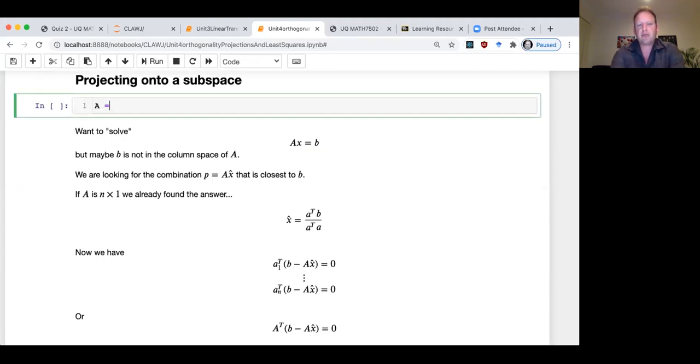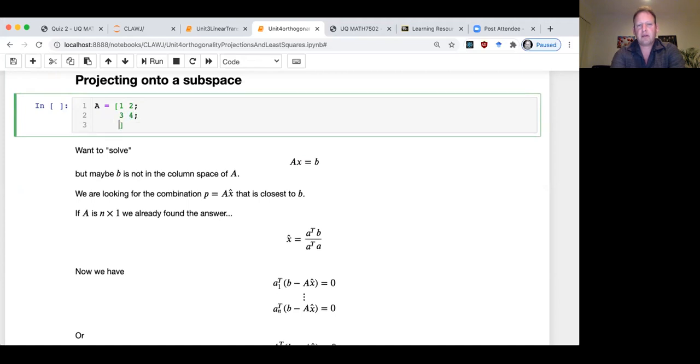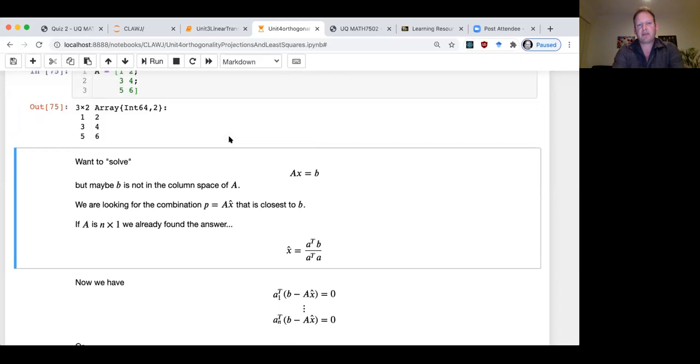Let's take A to be 1, 2, 3, 4, 5, 6. The column space of A, what is the dimension of the column space of A?